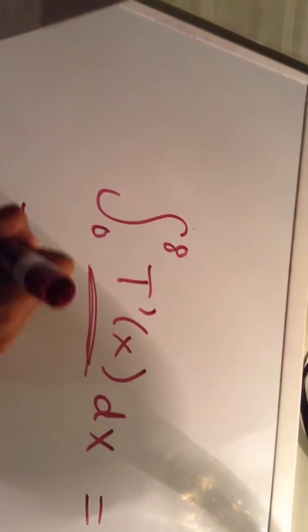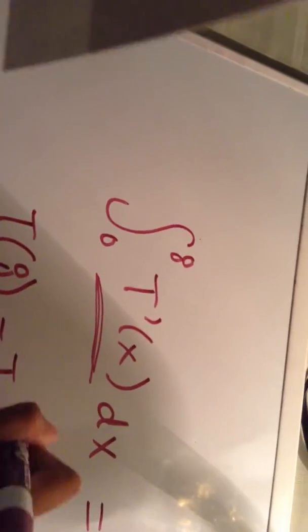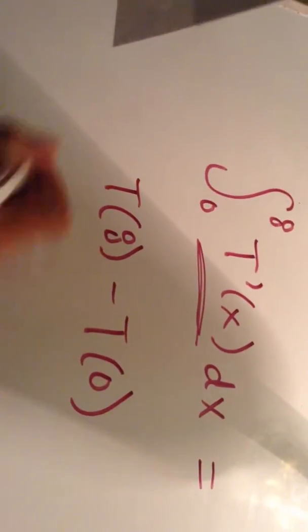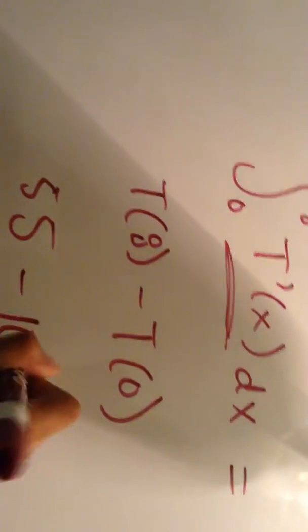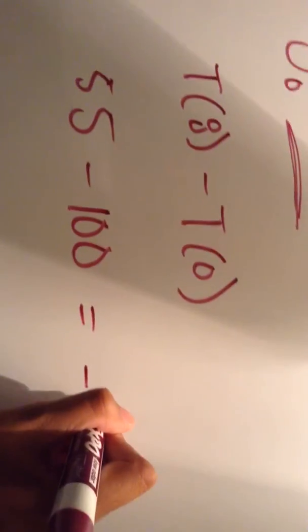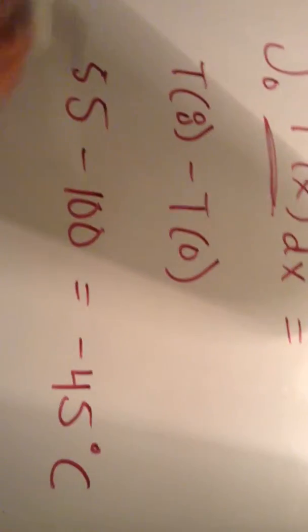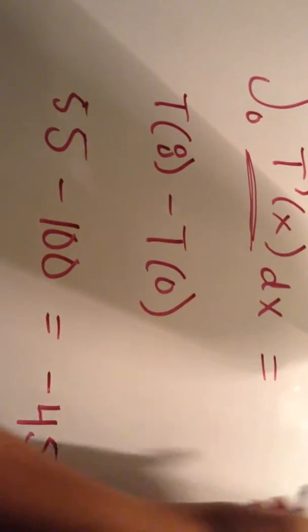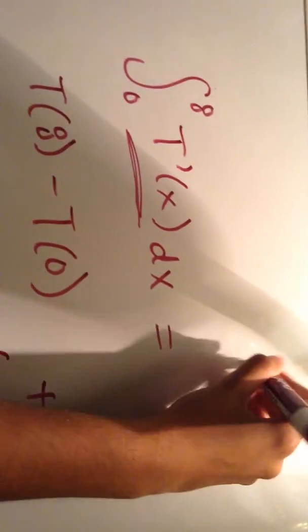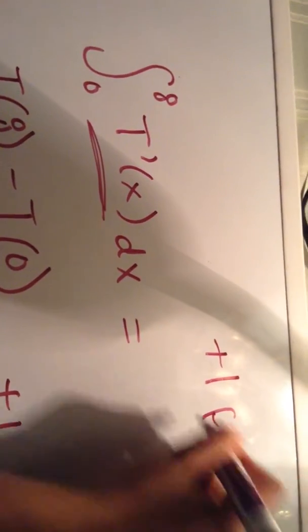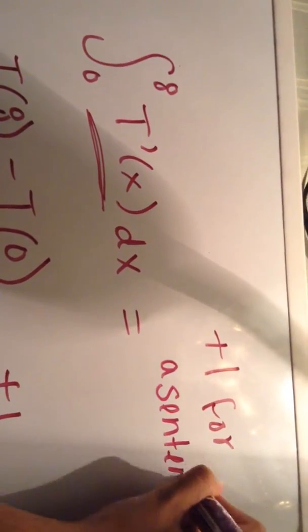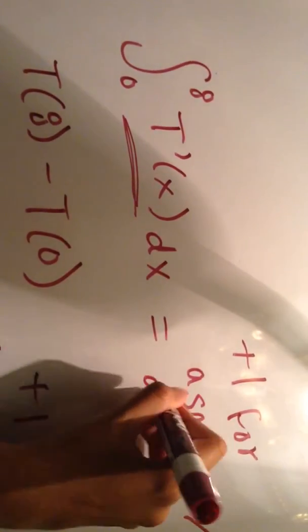It cancels out, right? So you take the function and subtract the values, which will give you 55 minus 100, which means there was a decrease in temperature as the wire was heated from one end to the other. Make sure you write this out. That will be 1 point. There will be 1 point for this value, and then 1 point for a sentence or a meaning.